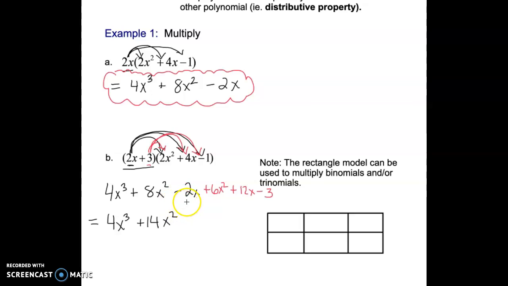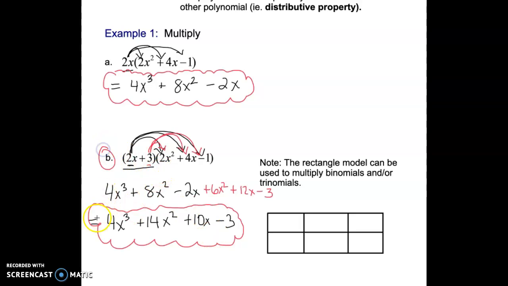Then we see an x term here and another x term here: a negative 2x plus 12x leaves us with positive 10x. One term is left over, the negative 3, so we tack that one on the end. And that's your answer: 4x cubed plus 14x squared plus 10x minus 3 is your answer to part B.